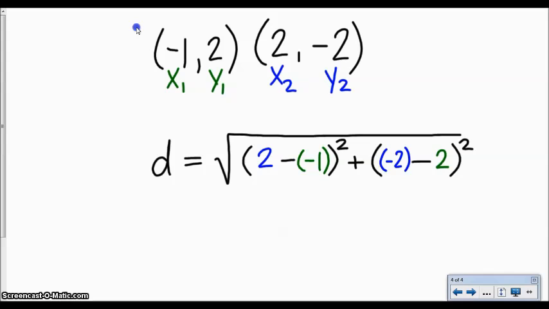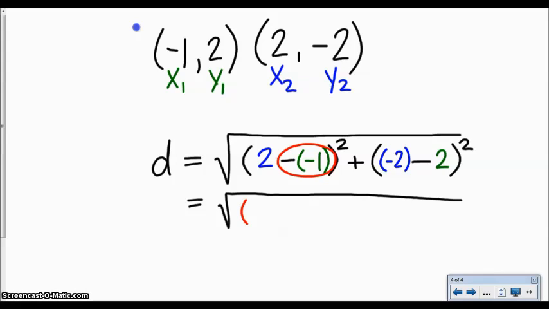Now all we need to do is just solve. So I'm not going to do anything with my square root yet. I need to do what's inside the parentheses. So the first thing I notice is here, when you subtract a negative, it becomes a positive. So this actually becomes 2 plus 1 squared plus negative 2 minus 2 squared.